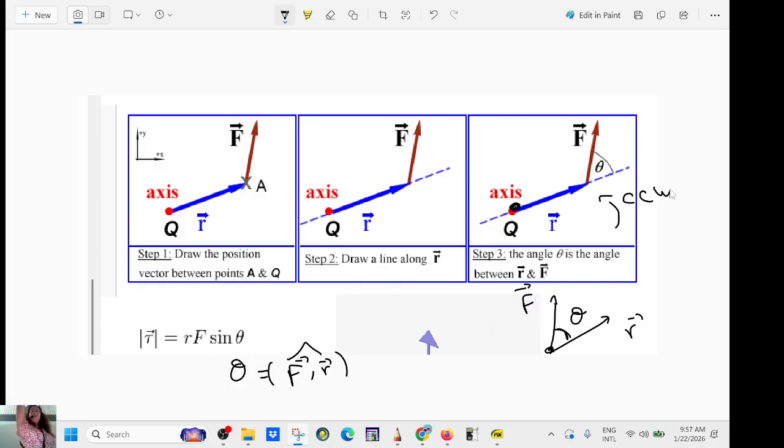Then you take your right hand. That's a cross product, right? You take your right hand and you go along R, and then you curve toward F. Right? So that means the rotation will be counterclockwise, but you see my thumb is towards you. So that's going to be the direction of the torque.